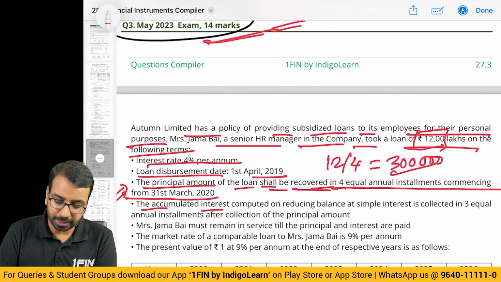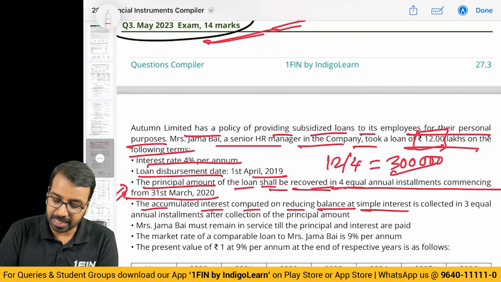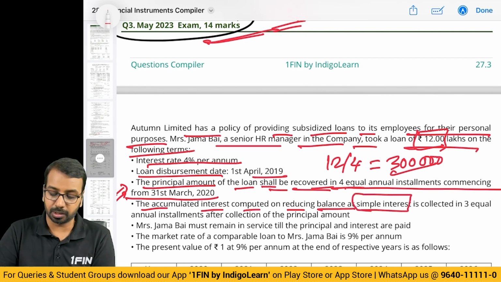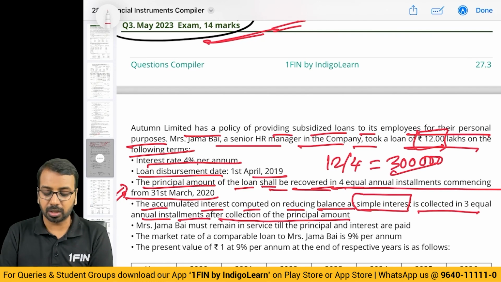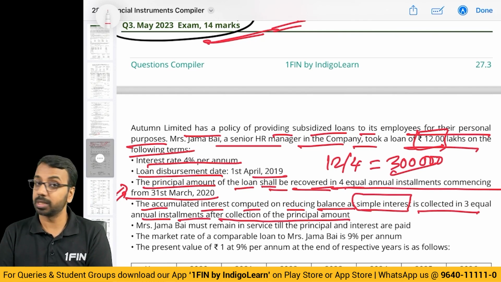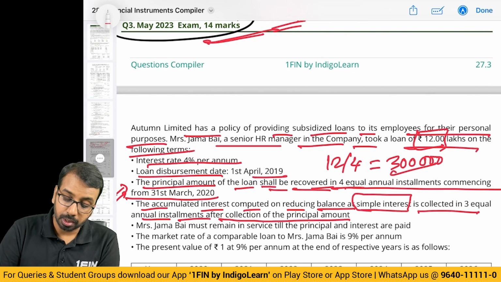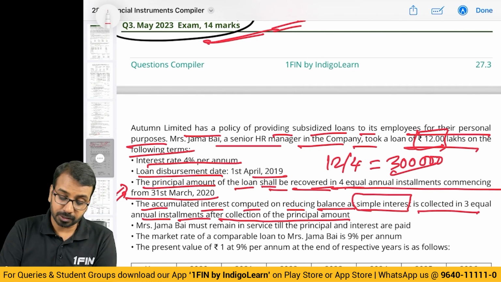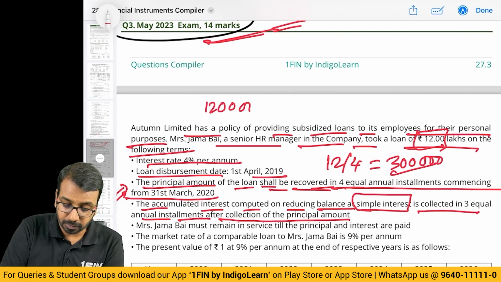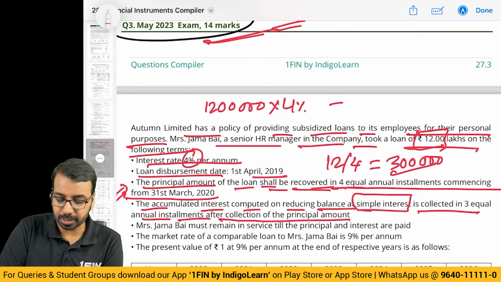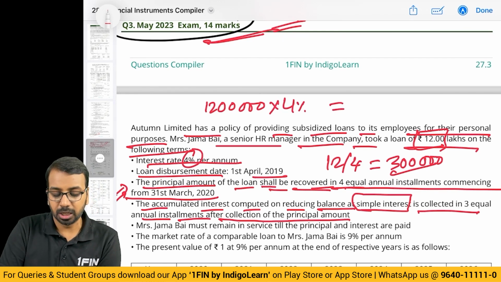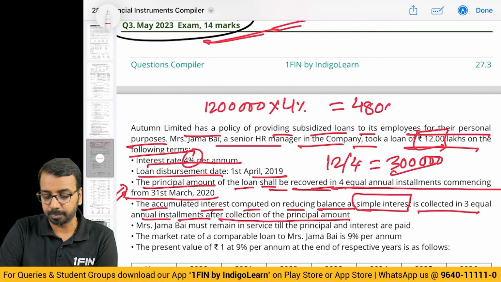The accumulated interest computed on reducing balance at simple interest, so there is no interest on interest, is collected in 3 equal annual installments after the collection of principal amount. What are they saying? They are saying that interest has to be on a simple interest basis. First year you have 12 lakhs of loan outstanding at 4%. 12 lakhs into 4% is 48,000.